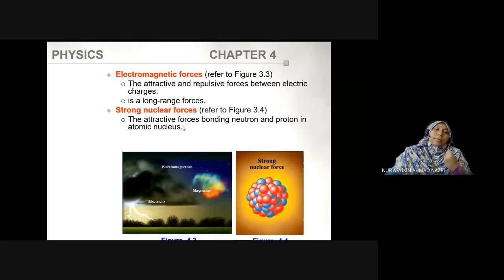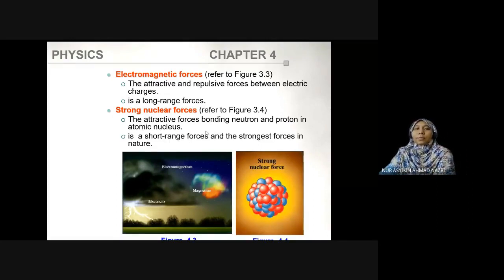So of course that force sangat kuat. Why? Because kita belajar kalau positif dia akan repel. Tapi dia boleh terkumpul. Maksudnya that force sangat high. That's why the effect tu boleh jadi bom atom nuklear. Dia adalah strongest force in nature.